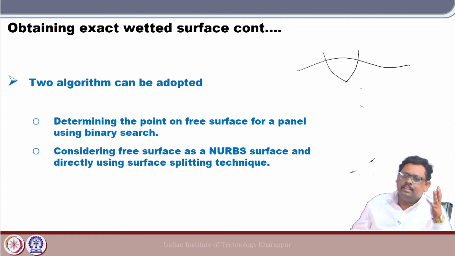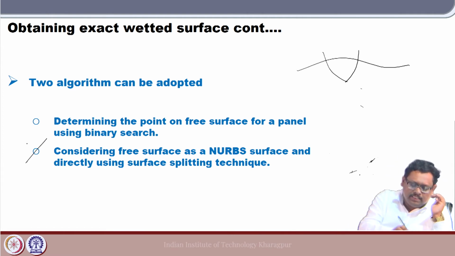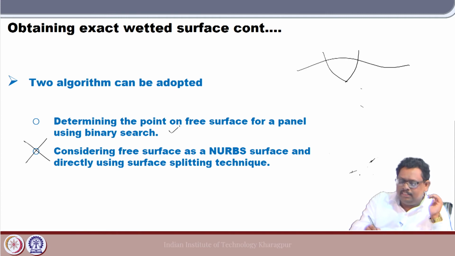Maybe there are certain functions available in some commercial codes where splitting into NURBS surfaces is possible, and you can find the intersection points. This is possible, but let us not discuss this part. The other one is much more realistic and one could write it down.